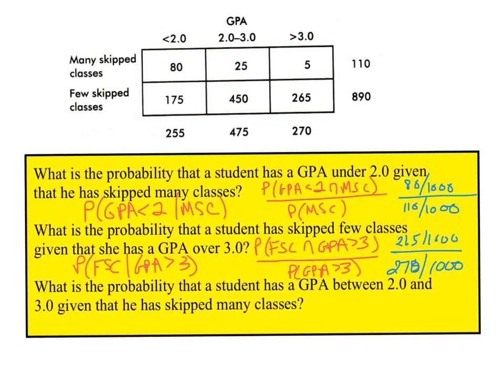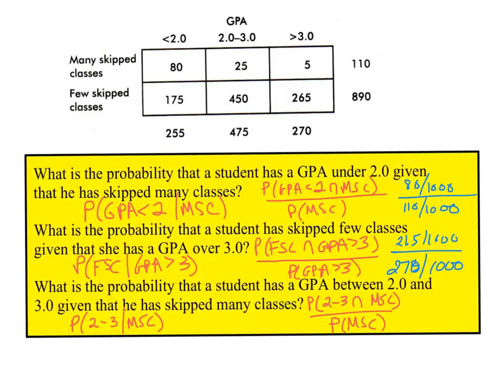What is the probability a student has a GPA between 2 and 3, given that they have many skipped classes? So probability, let's do it, just 2 to 3, let's write, given many skipped classes. So the formula, probability of 2 to 3 and many skipped classes over the probability of many skipped classes.